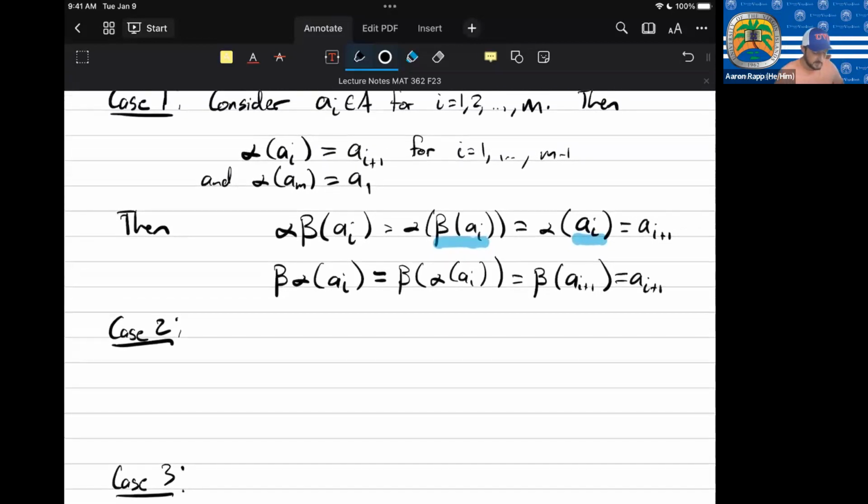I need to make sure I consider all inputs that I could possibly get from that set A. Now I've already covered the case where I choose one of the elements listed in the permutation alpha. What would be a next choice so I can start covering even more of the elements inside my domain, the set A?